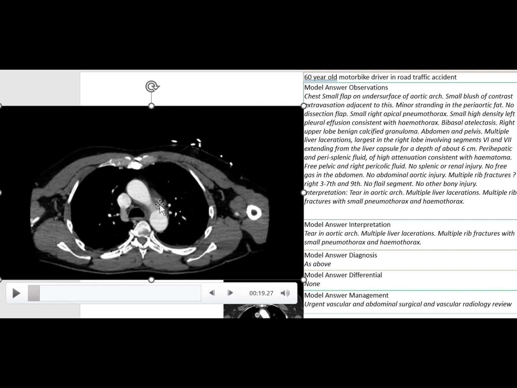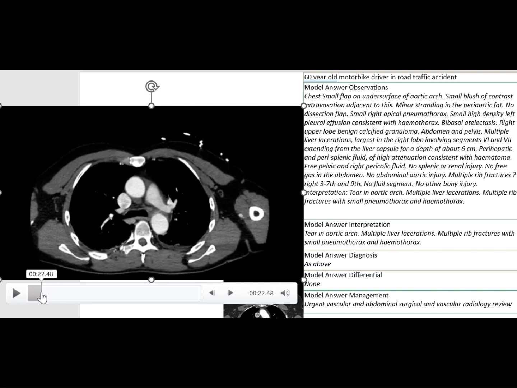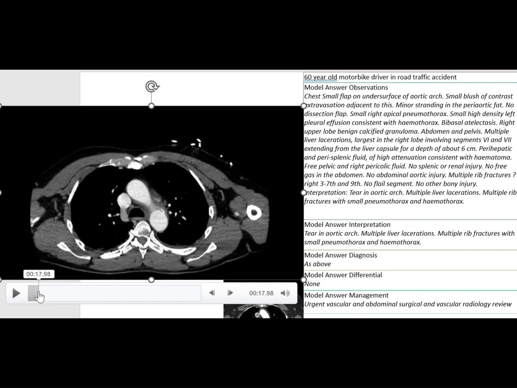Can you see this and this dot and this dot? This is a small blush of contrast extravasation adjacent to this small flap. I will show you another one.